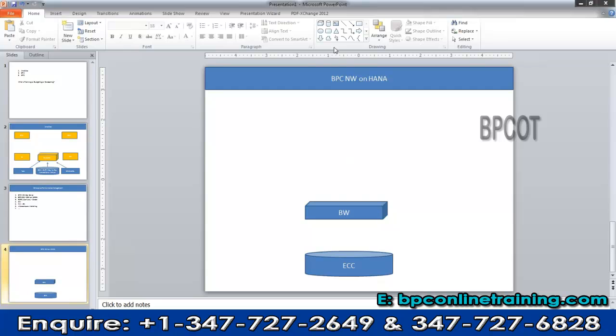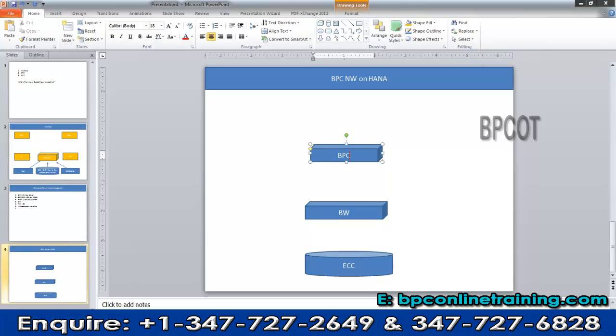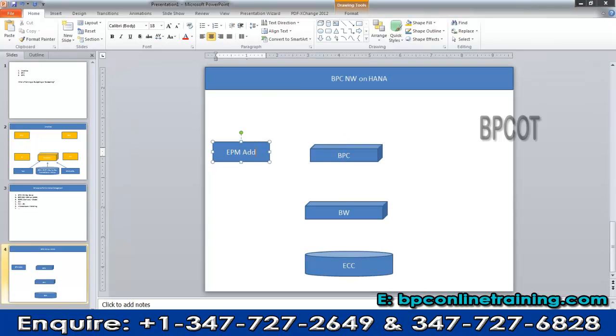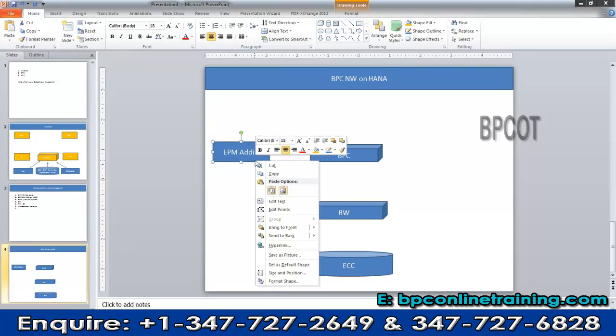And on top of this BW, you have BPC. This is the BPC structure. And this BPC will have one front end, that is called the EPM add-in. We'll discuss what this EPM add-in is.